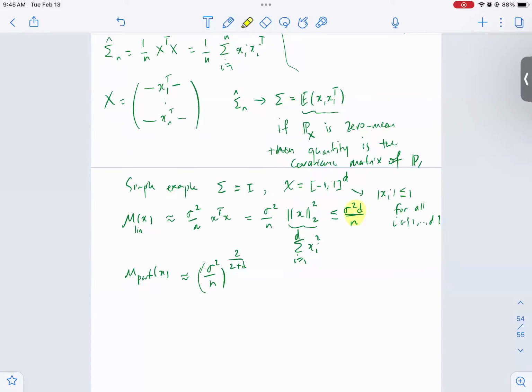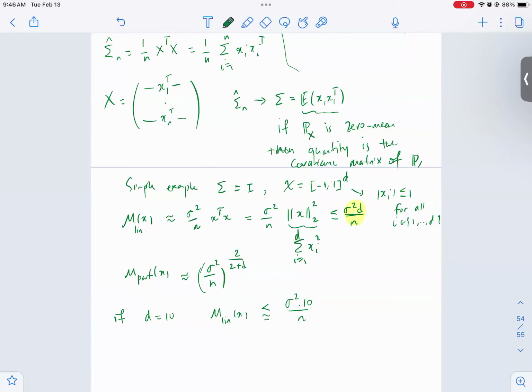Whereas here, if d, for example, is 10, this is approximately upper bounded by sigma squared times 10 over n.